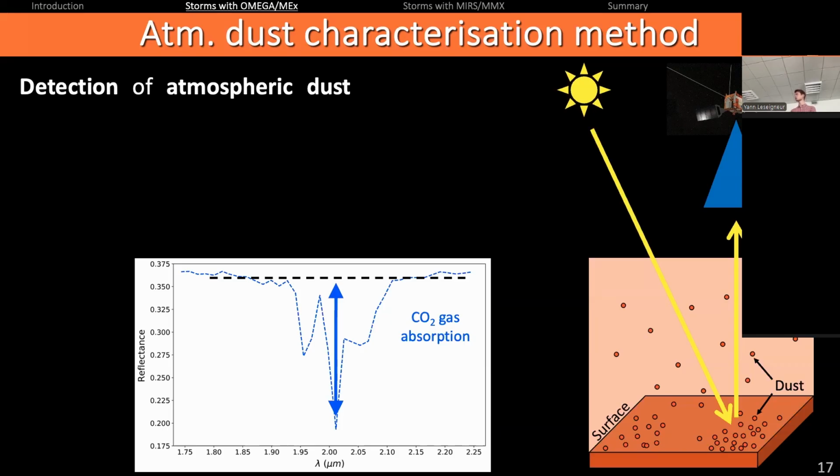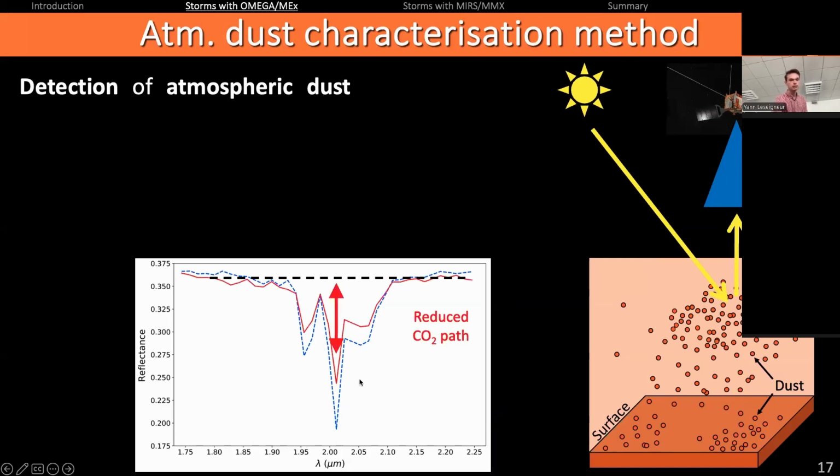We start by taking one state of the atmosphere, an atmosphere with very low atmospheric dust amounts. The sun's ray travels through the atmosphere, mainly composed of CO2 gas, about 95% of the atmosphere, and is reflected on the surface toward the instrument. So the optical path in the CO2 is very long, which produces this very strong CO2 absorption band at 2 micron.